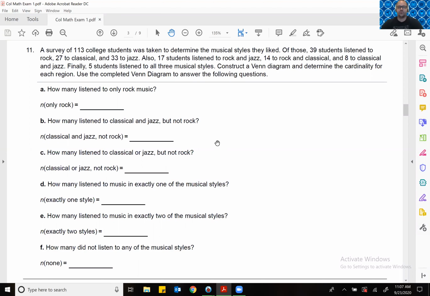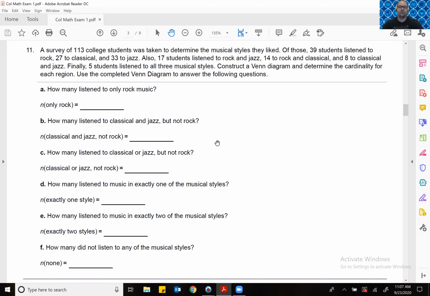What's one of my circles going to be called? A. We can call it A, or let's give it a more specific name according to what we're dealing with. Instead of A, let's call it Rock. Rock. There we go.